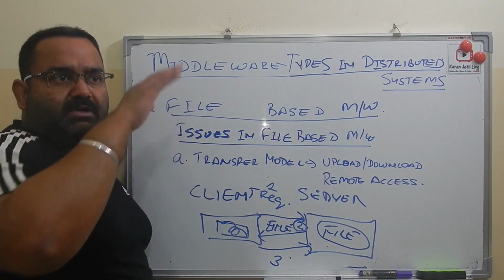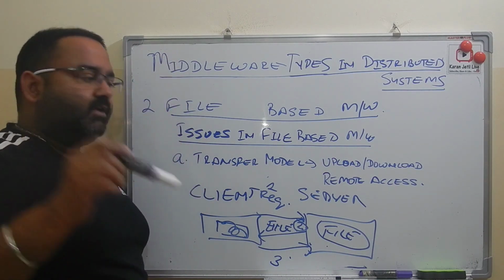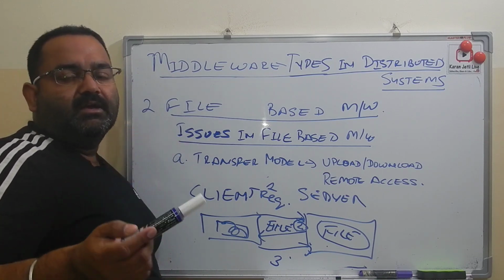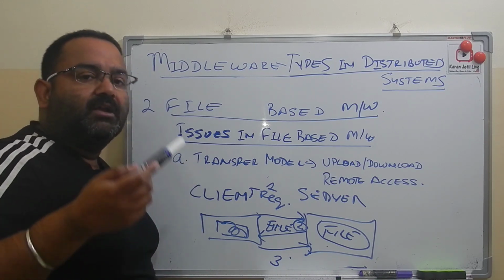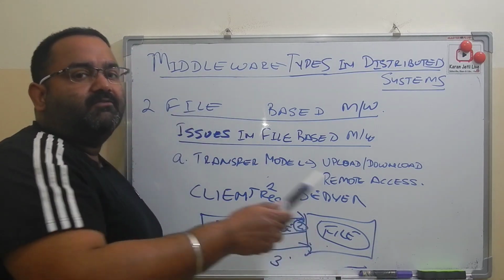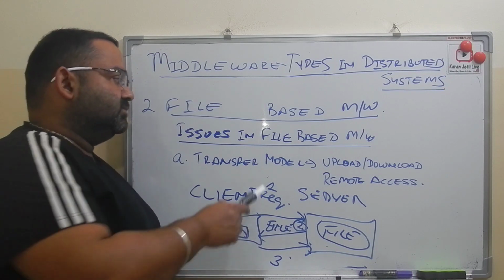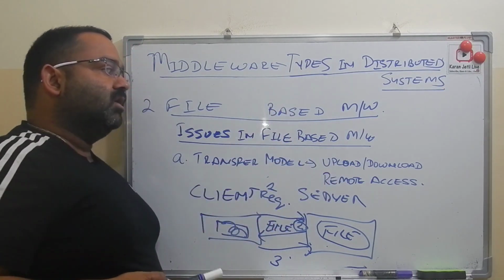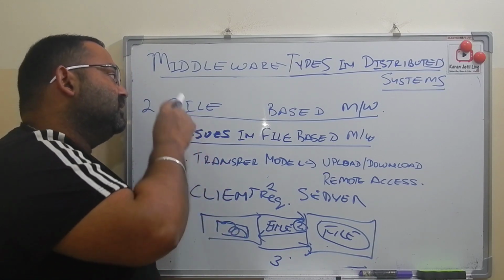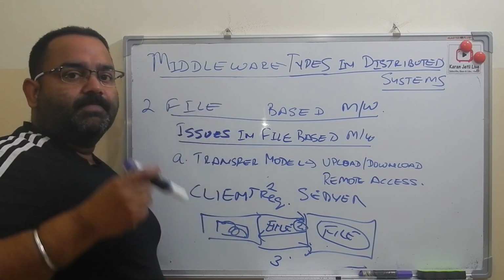Basically the client downloads the file from the server. After reading, editing or performing any operations on the file, the client uploads the file back to the server. So this is the first transfer model, the upload download model, and it is part of your file based middleware.